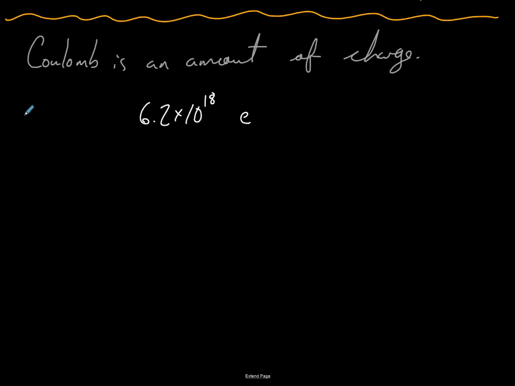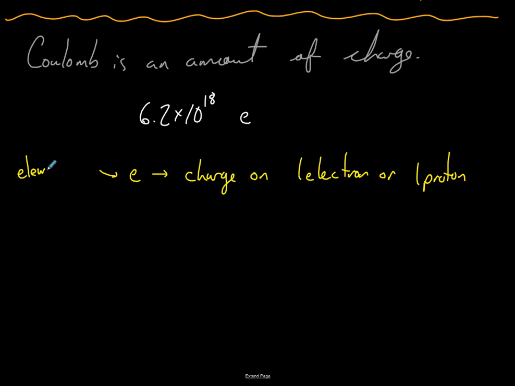So E, that is the charge on 1 electron or 1 proton. For the electron, we call it a negative charge, and for the proton, we call it a positive charge. The symbol E is the symbol for the elementary charge.